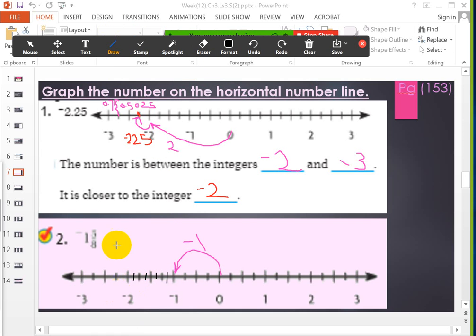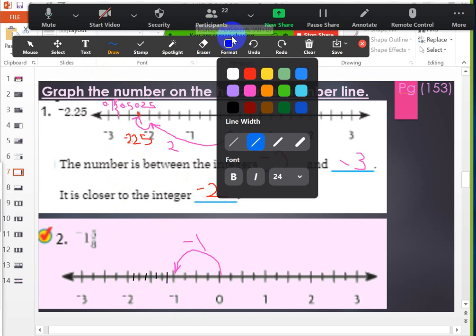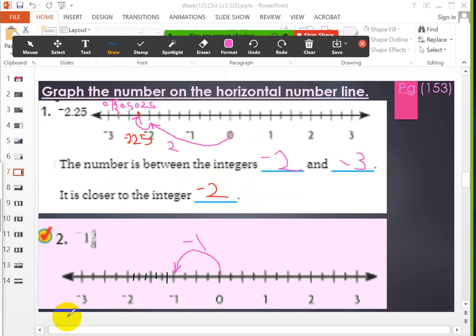Now count the number of parts. 1, 2, 3, 4, 5, 6, 7, 8. I have 8 parts now between 1 and 2. I want 5/8. That means I want to take 5 parts of 8 parts. So I have to count 5 parts of 8. 1, 2, 3, 4, 5. That means this is 5/8 at this point.